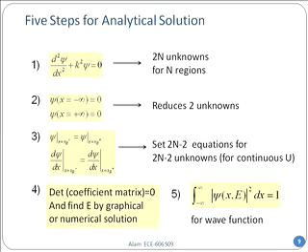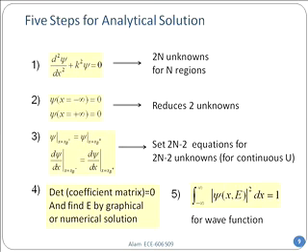Now, the first thing you will notice in the solution of these problems is that we will divide the potential, often in the periodic potential, into n regions, and that will give us 2n unknowns. This will become clear as we go on. We'll use the boundary conditions at plus and minus infinity.